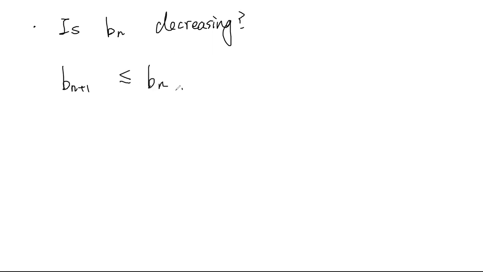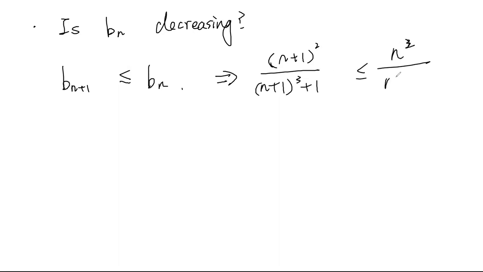And you can absolutely just do this. You plug in n plus 1, and the n plus 1 term is just (n plus 1) squared divided by (n plus 1) cubed plus 1, less than or equal to n squared divided by n cubed plus 1. So you can absolutely do this, and then you try to simplify it.